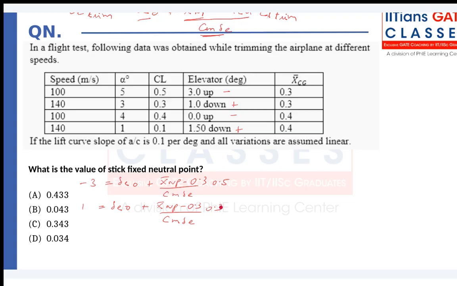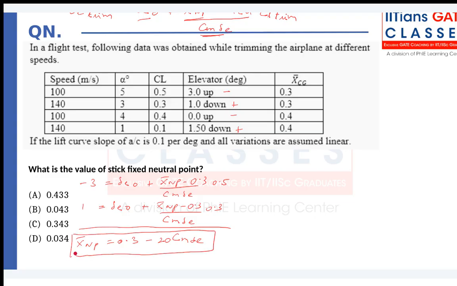Subtract these equations, and I'm not doing the complete derivation; after rearranging, you get x bar np is 0.3 minus 20 cm delta E. So this is one equation.